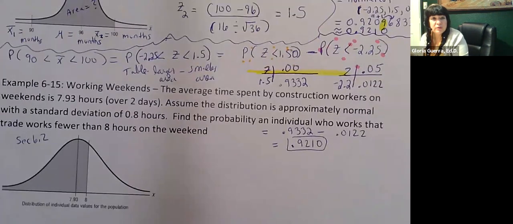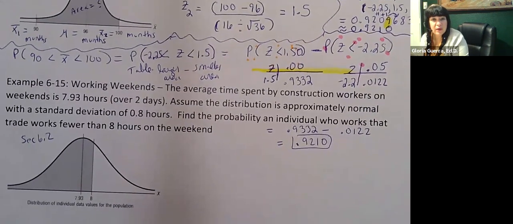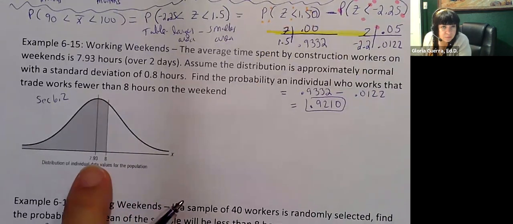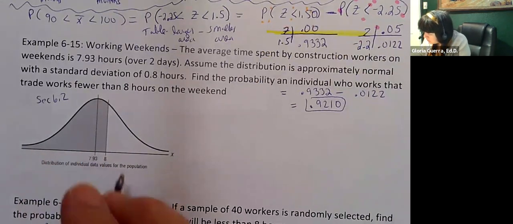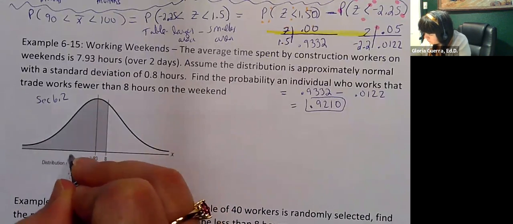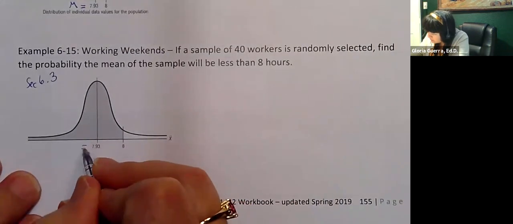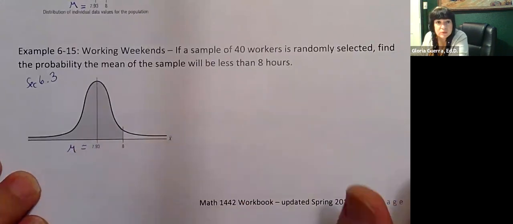So you can see here it says working weekends, the average time spent by construction workers on weekends is 7.93 hours over 2 days. So you can see the 7.93 hours here. And this is your mu. And then you can see down here they have that also. That's the same for both problems.